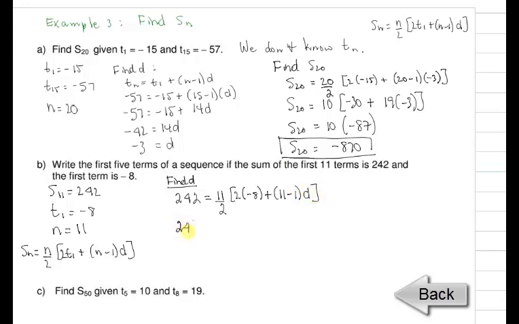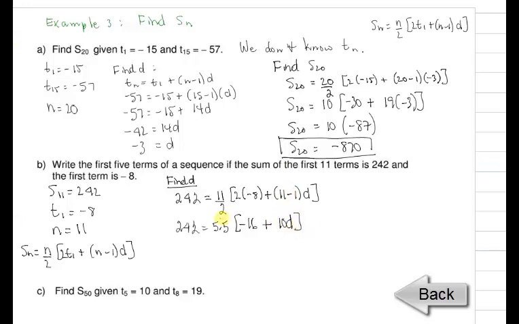Okay, so we're going to simplify what we can. 11 over 2 is 5.5. 2 times -8 is -16, plus 11 minus 1 is 10, so that gives us 10d.